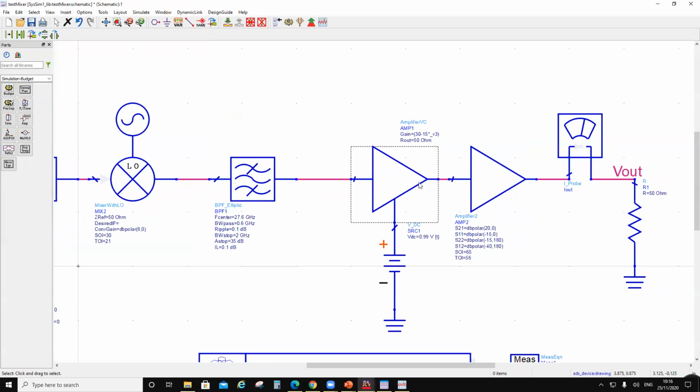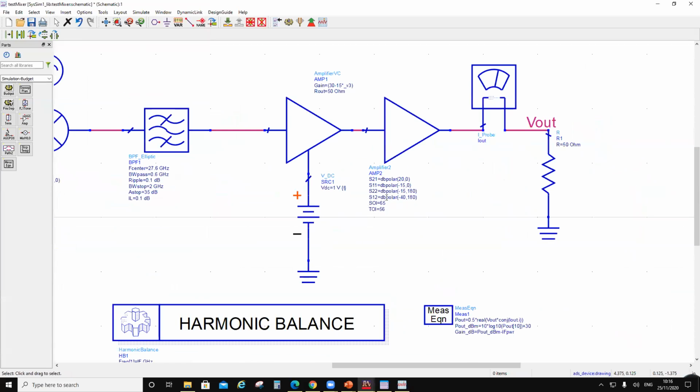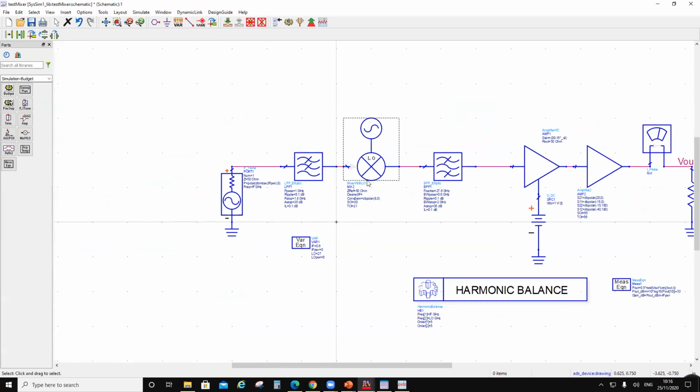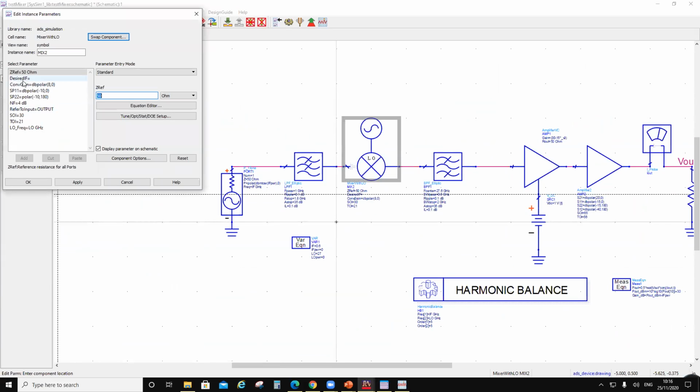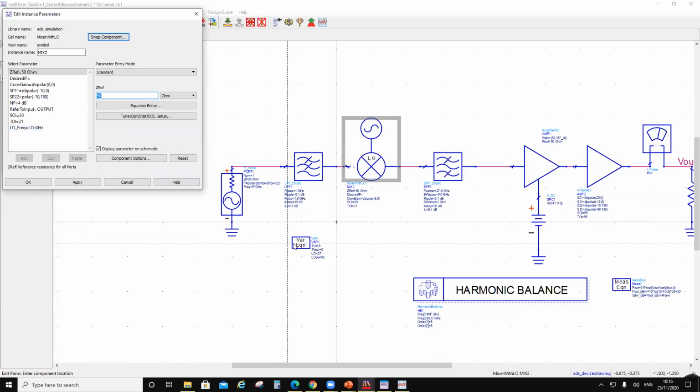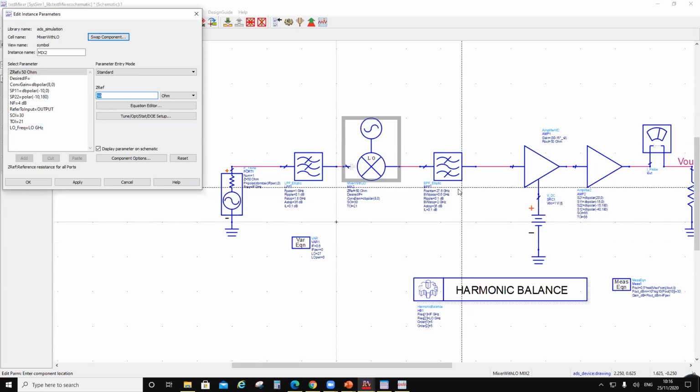This is 8 dB gain. This is 1 volt. So that means this is a 15 dB gain. And this is 8 plus 15 is 23 plus 20 dB gain here. That is not making sense unless frequency is LO. LO is 27. This is 27.6. This is up conversion.